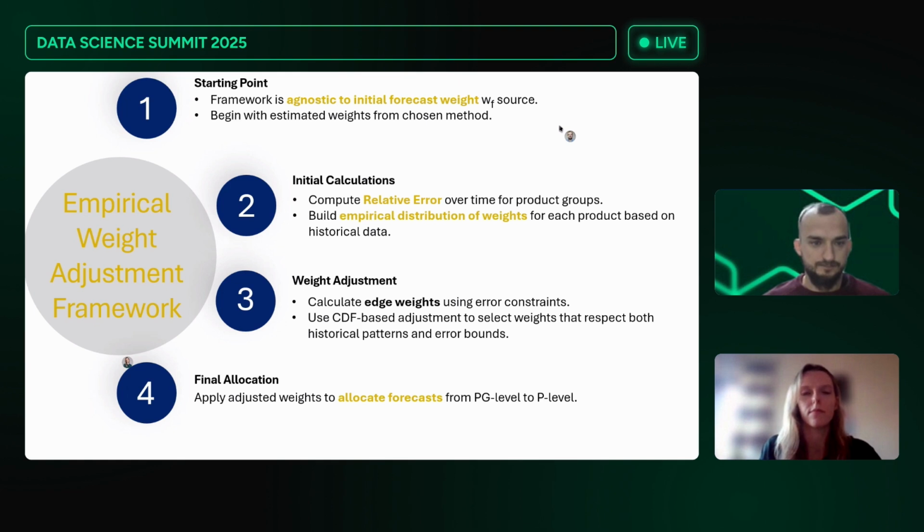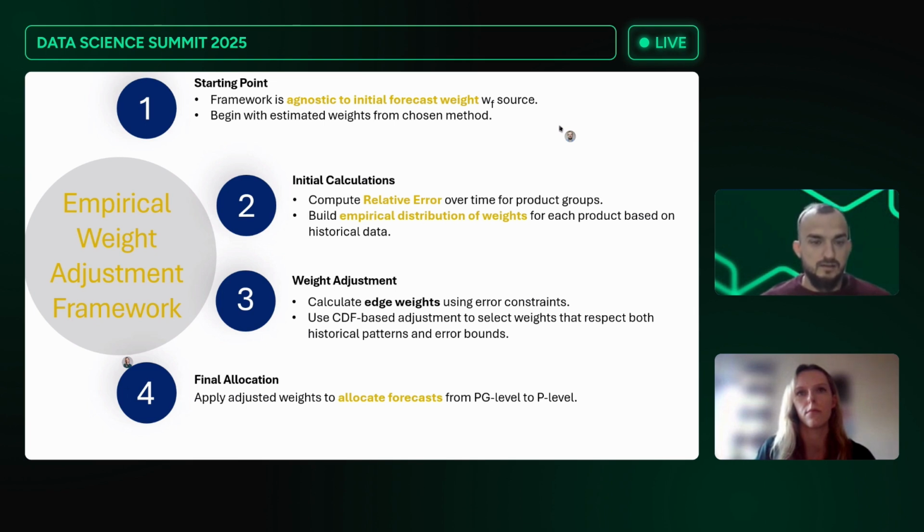And to summarize this framework, we can sum it up in these 4 points. At first, we know that this framework is agnostic to the initial forecast weight source. So we have to begin with estimating this weight using some method. Then for this chosen method, we compute a relative error over time for the product group, so for the higher hierarchy, and then we also build an empirical distribution of weights for each product to take into consideration the possible skewness.